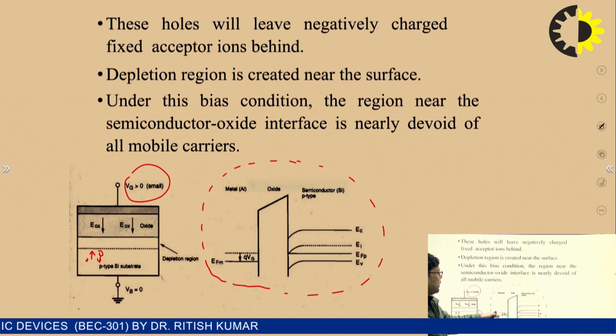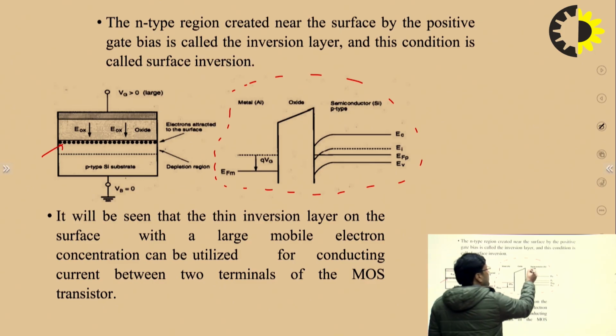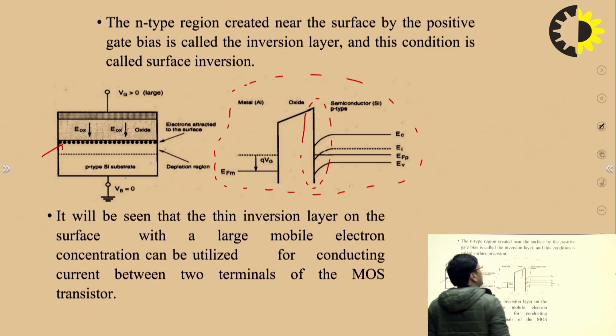Again we have the Fermi level shifted in the downward direction, and here again you can see at the interface of the SiO2 layer and the semiconductor layer.